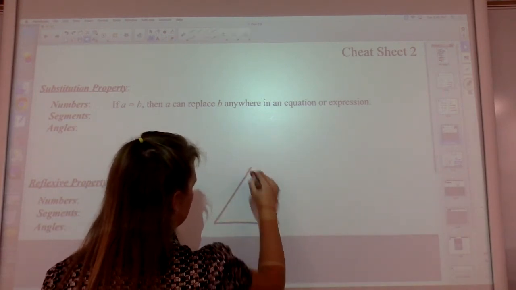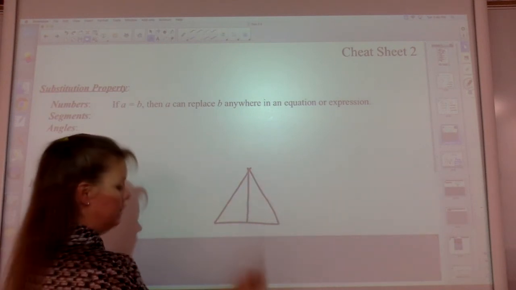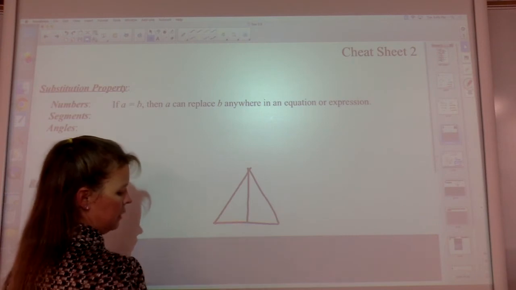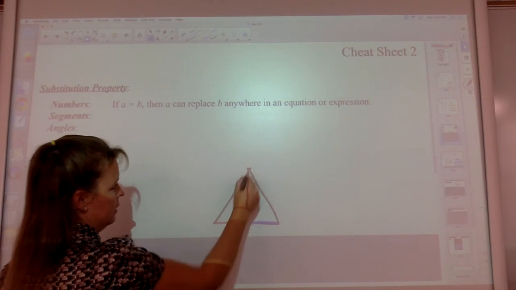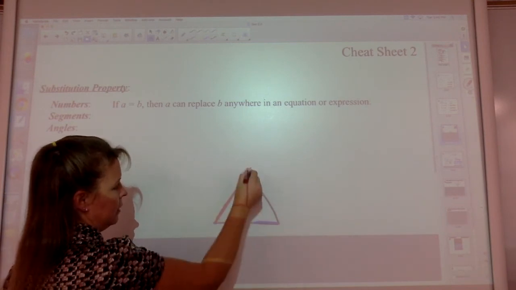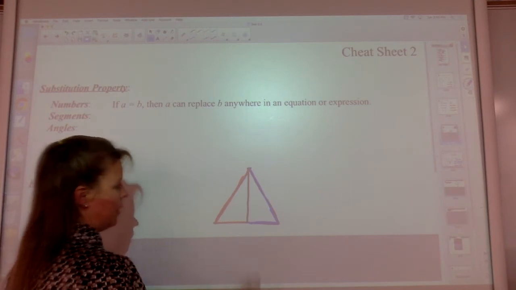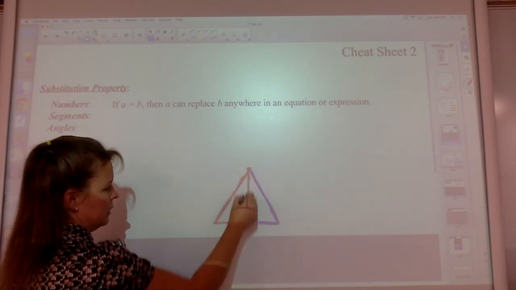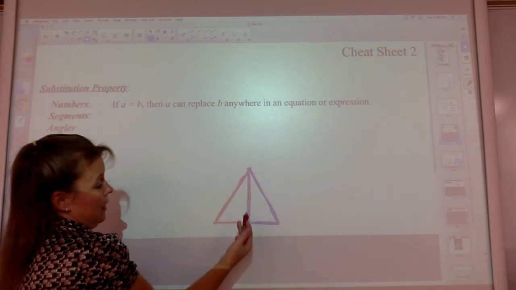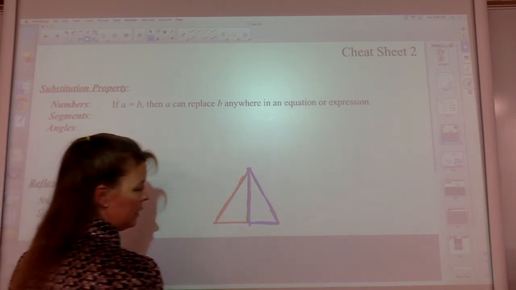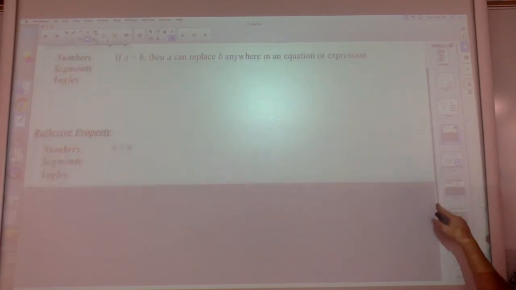If we talk about these two triangles, this left half of the triangle and that right half of the triangle, and you say this segment in red is congruent to this segment in blue, where's the third segment that's congruent to each other? You might want to say this red segment is congruent to this blue segment. So there would be an example where you say a segment is congruent to a segment because you're going to use the same thing twice. So you might need the reflexive property.